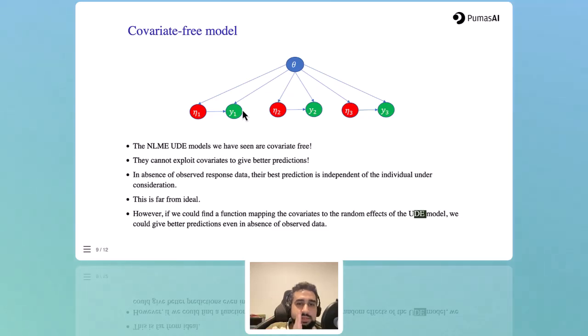At baseline, before observing anything, we're able to perfectly predict the value of eta 1 that would match and fit all the observations from that individual. That means we get the same quality of prediction as the IPRED, but at baseline without observing anything yet.